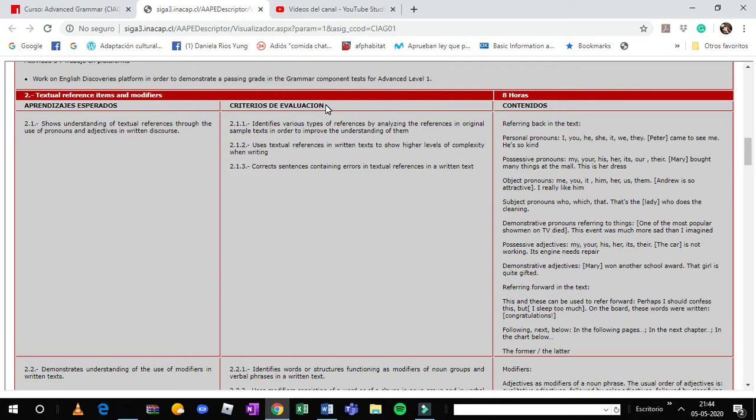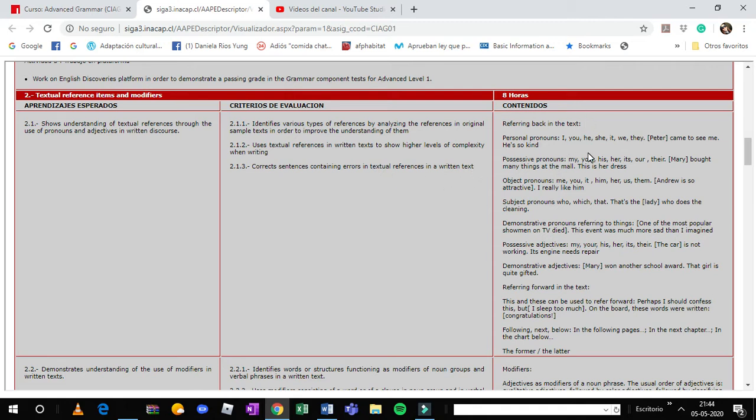The evaluation criteria identifies various types of reference by analyzing the reference in original sample text in order to improve the understanding of them. Uses textual references in written text to show higher levels of complexity when writing, and finally corrects sentences containing errors in textual reference in a written text.